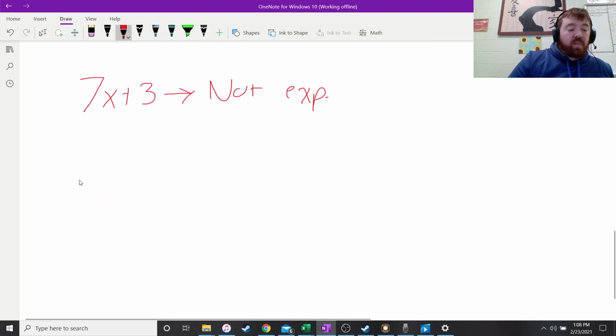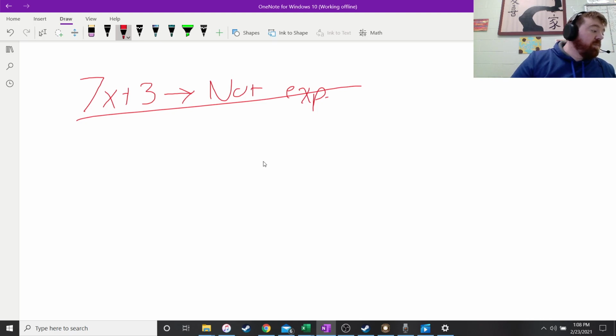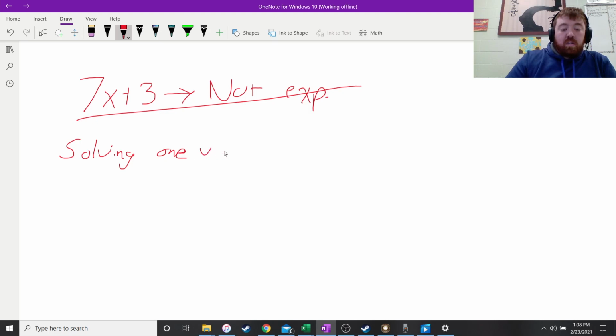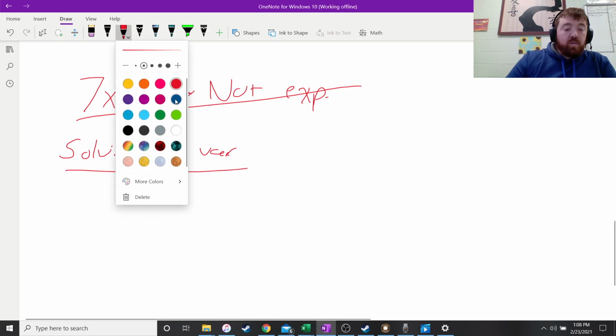Okay. Now let's solve for some of these. So let's say we wanted to solve a one variable equation involving the exponents. All right. I'm going to switch back to blue. I like that a little bit better.